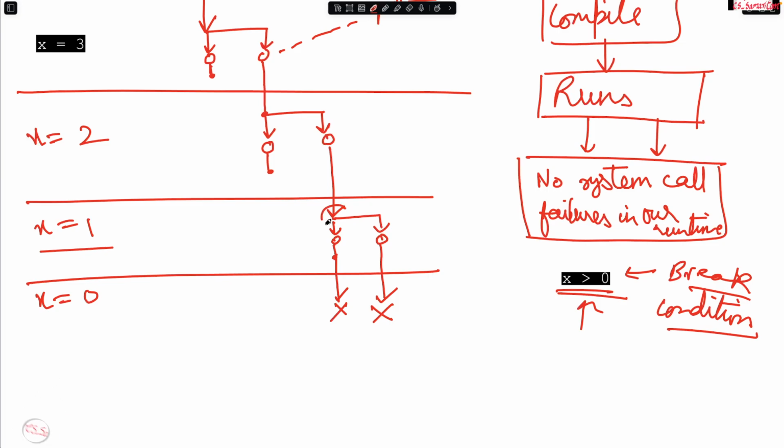Because this parent over here was a child over here, right? So this child thread has died. So this wait is going to start executing, right? And I would like to say at this point, because we as humans can perceive patterns and possibilities, just see the pattern that is happening at which x is decrementing and coming to the state x is equal to 0, x is equal to 1.